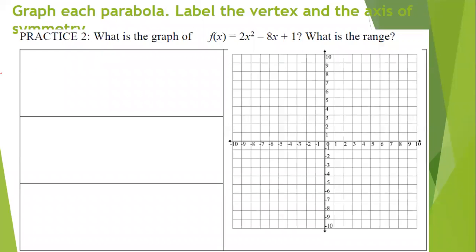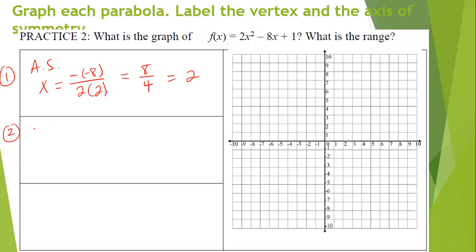Here we go. So step 1, you should have found your axis of symmetry, and your axis of symmetry is x equals -b divided by 2 times a. A negative times a negative is a positive. 2 times 2 is 4. So your x equals 2. Then your vertex, x equals 2, so we're going to substitute in 2 to find our y.